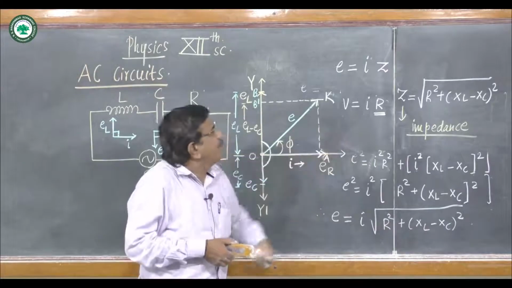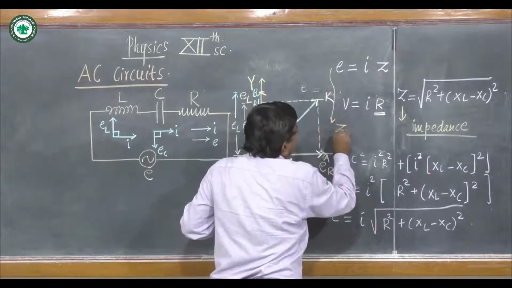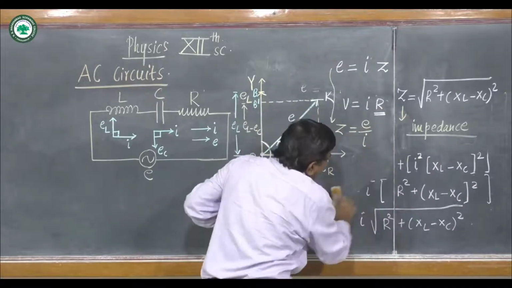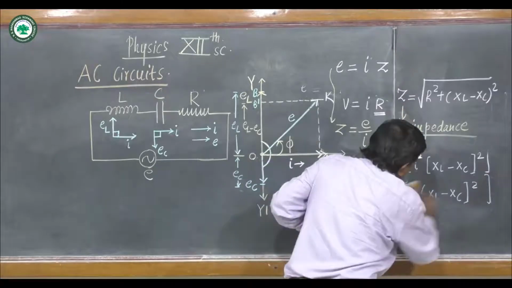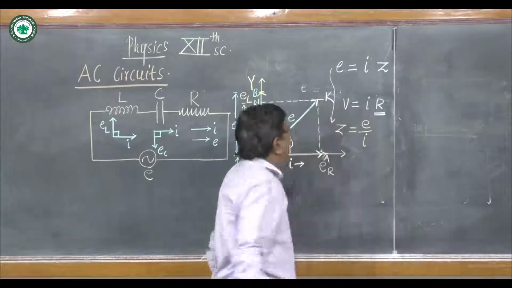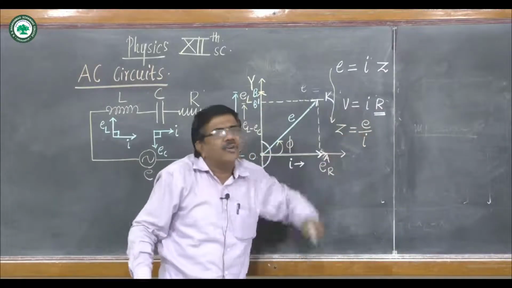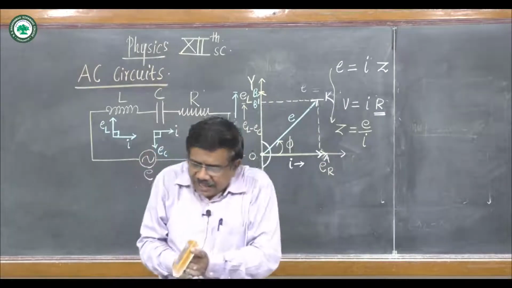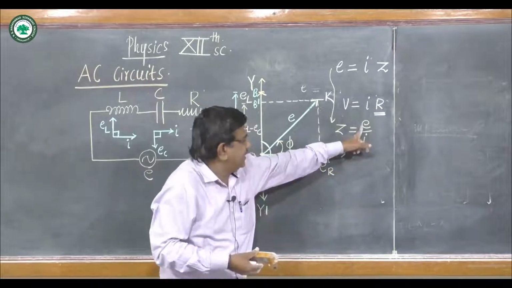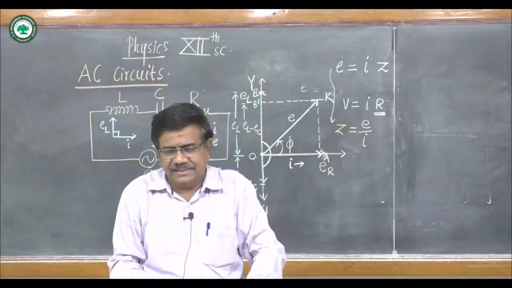Now, as this is the impedance, from this equation, impedance Z is E upon I. We can define the impedance as the ratio of the effective value of EMF, or RMS value of EMF, to the RMS value of current passing through the circuit.